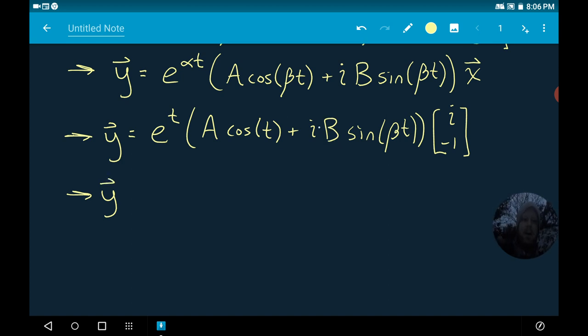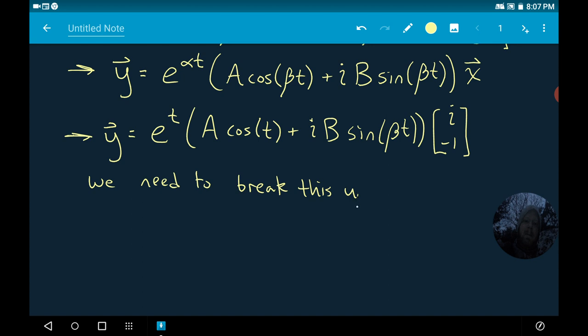In the last chapter, we used a theorem that said we can take the real and imaginary parts of this solution and we can turn them into 2 different solutions that are linearly independent. This time, if we want to take all the real parts and all the imaginary parts, that's complicated here, right? For example, if I multiply i times b sine beta t by i, that's going to give me a real valued solution. So we need to break this up into its real and imaginary components.